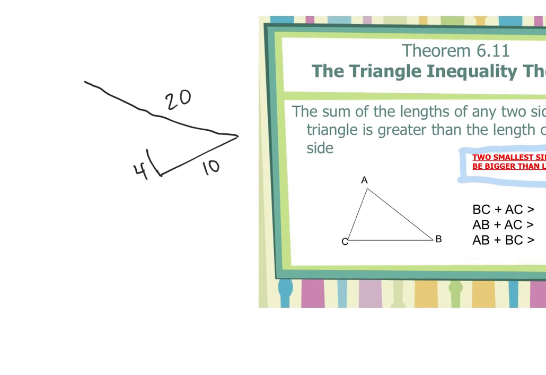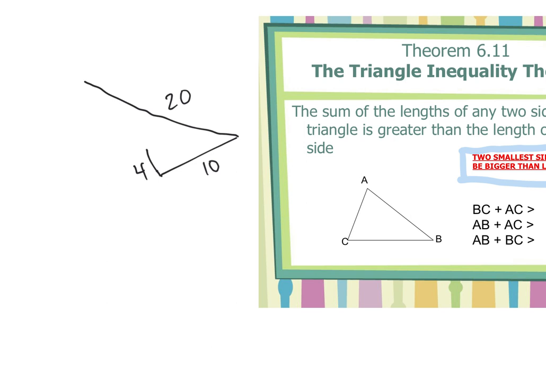Could these 3 sides ever add together to give you a triangle? No, because they're always going to fall short of the side that's really large. Adding 2 sides together, no matter which sides they are, they always have to be greater than the third side.